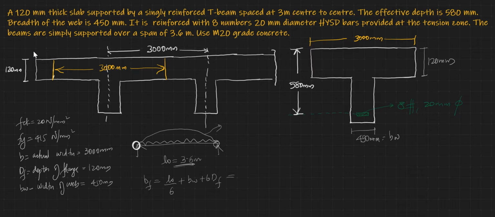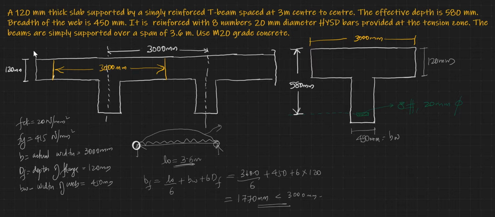Substituting the value for L0 as 3.6 meter, BW as 450 mm and DF as 120, I'll get this value as 3600 divided by 6 plus 450 plus 6 into 120. I'll get this value as 1770 mm, and this is less than the actual width, that is less than 3000 mm.